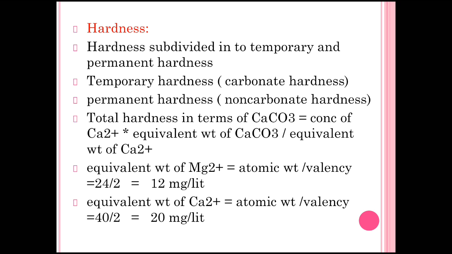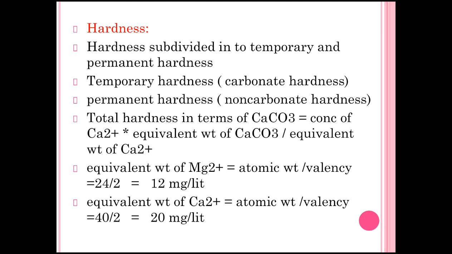That is called hard water, and when the lathering of the soap solution is formed, this is called soft water. This is a very simple, general method to know about water hardness.